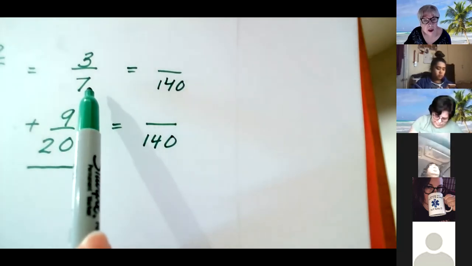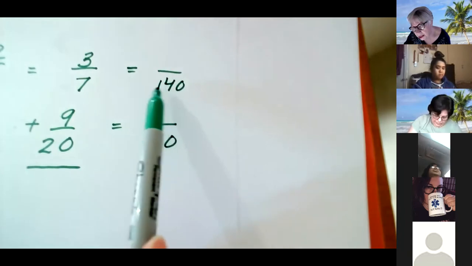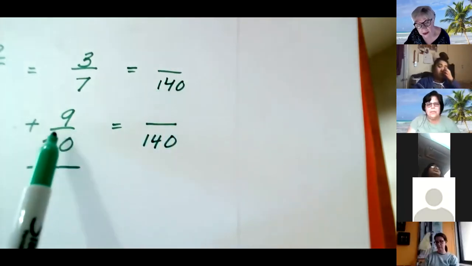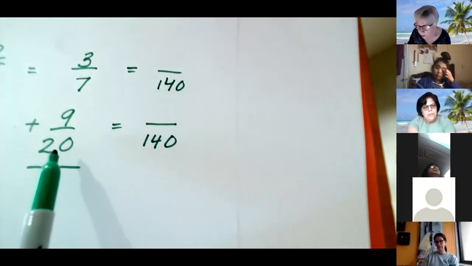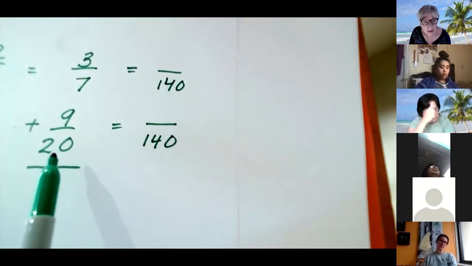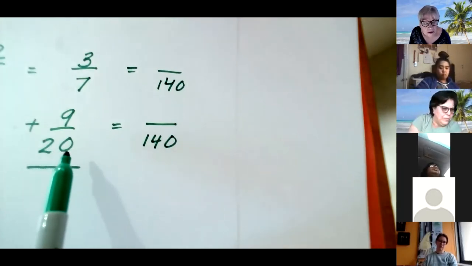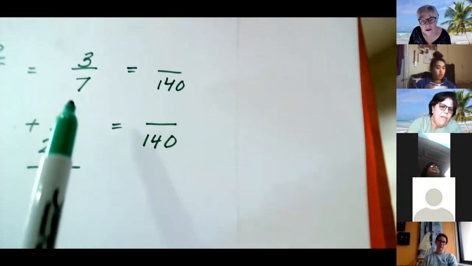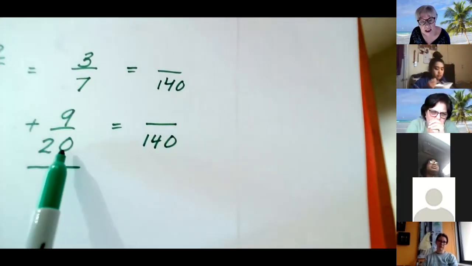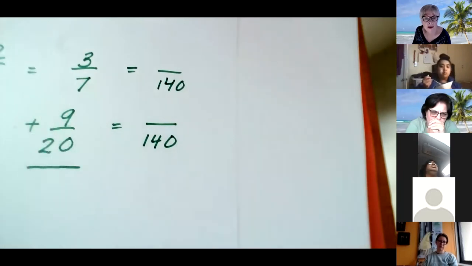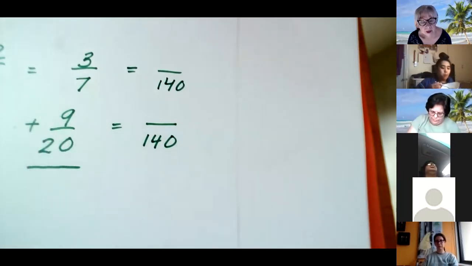And so that had to be included in this denominator. And 20, I don't know if you remember it from before, is made up of a 2, another 2, and a 5. And so all of this had to be included. That's why you ended up multiplying 7 times 20. It had to be 140.